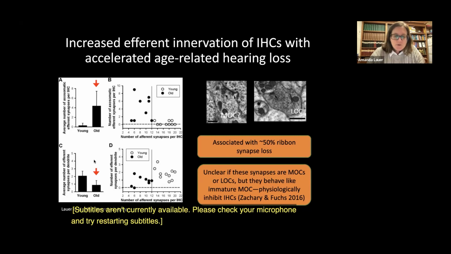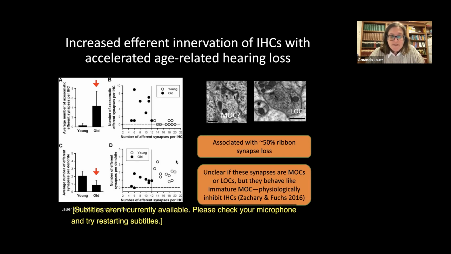We aren't sure if those are medial efferents or if those are lateral efferents. There is a slight decrease in those axodendritic synapses directly with the type 1 spiral ganglion neurons, but it's not on par with the increase in direct innervation of the inner hair cells we see. But it doesn't really matter because the net effect is that whichever kind of efferent it is innervating the inner hair cells directly, it actually has an inhibitory effect on the inner hair cell activity.